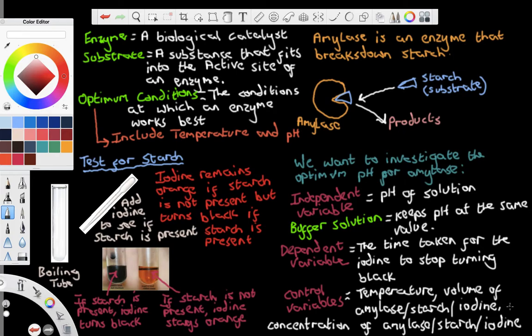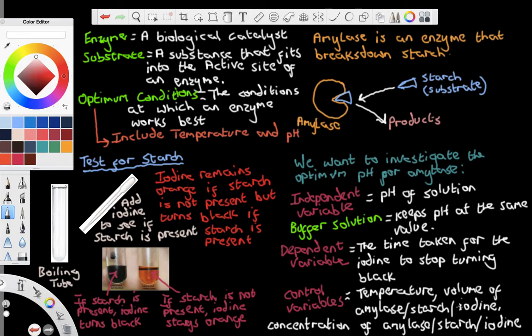We are going to investigate the optimum pH for amylase. Therefore, our independent variable is going to be the different pHs. We can control that using a buffer solution. A buffer solution keeps pH at the same value. Our dependent variable is the time taken for iodine to stop turning black. And the control variables are going to be the temperature, the volume of amylase, starch, and iodine, and the concentration of amylase, starch, and iodine.